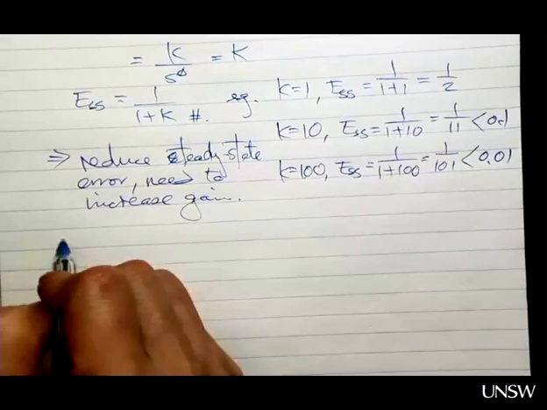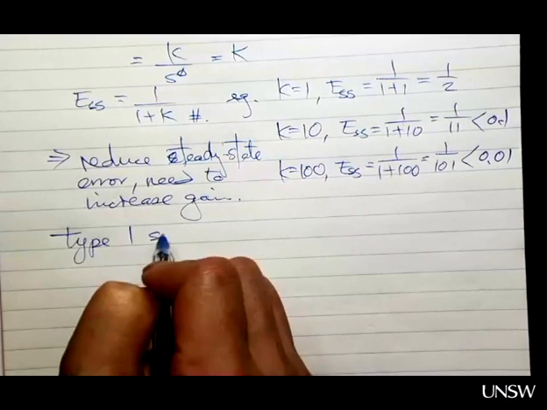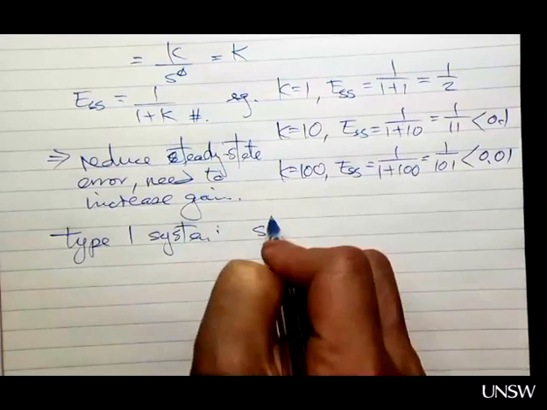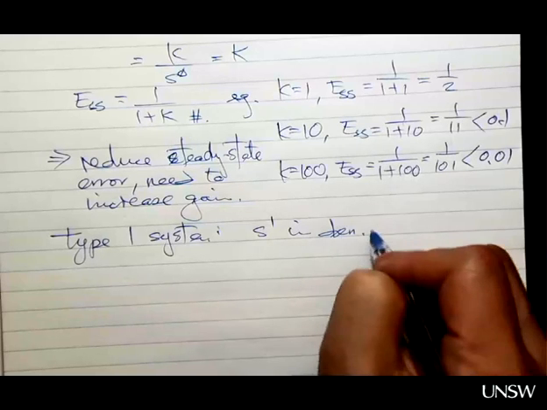Then we take a look at the type 1 system. So here we have s to the power 1 in the denominator of the transfer function.